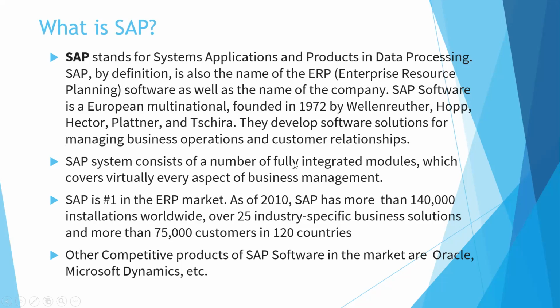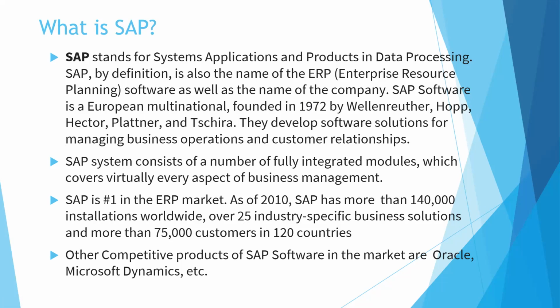So these modules started slowly in 1972. They became number one in the market by 2010. They came across all the competitors and became number one. SAP has more than 1,40,000 installations worldwide.